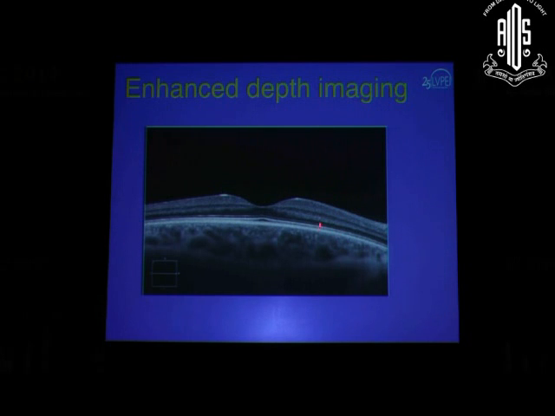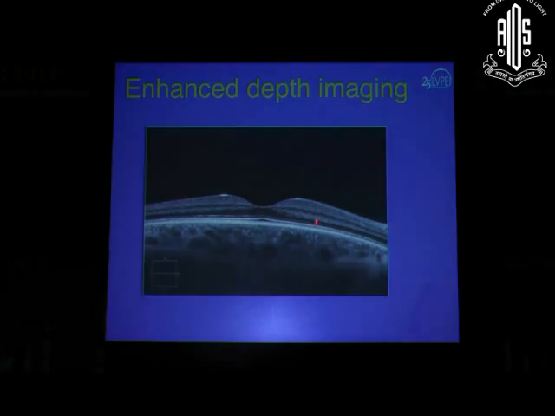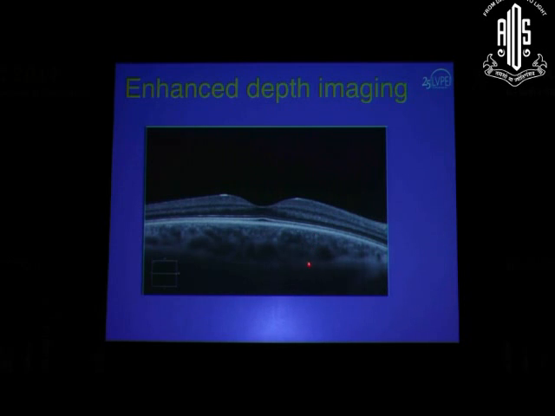Till now we were able to look at these layers well. The choroid is deeper to it. By increasing the depth of penetration, we are able to look at the choroidal details well. Till now we were looking at the ellipsoid zone, ISO extension or external limiting membrane. Now we wanted to look at the deeper layers beyond that.